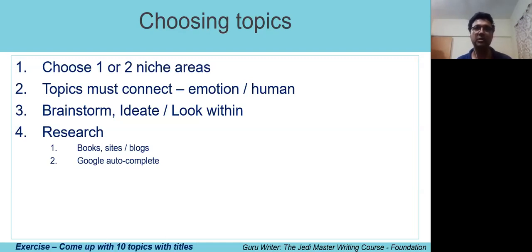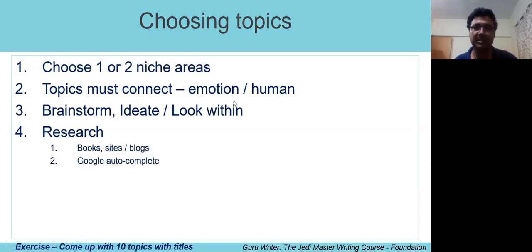That means you do some brainstorming, talk to some of your colleagues, look within and see what kind of topic appeals to you, and use that topic to craft your speech. And finally, do research, like go to different websites, read up on different books, use Google autocomplete and search for topics based on your current niche areas.